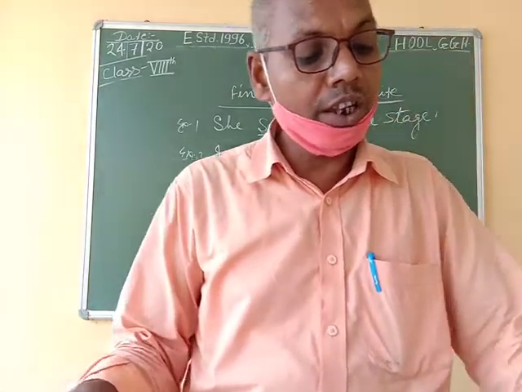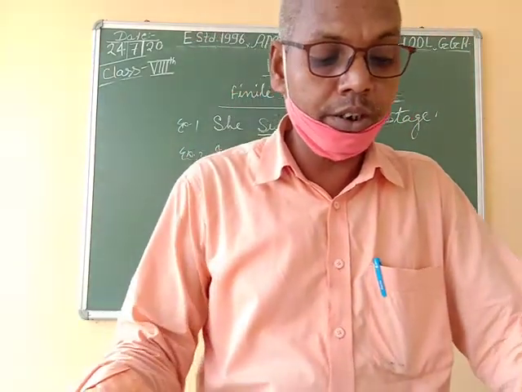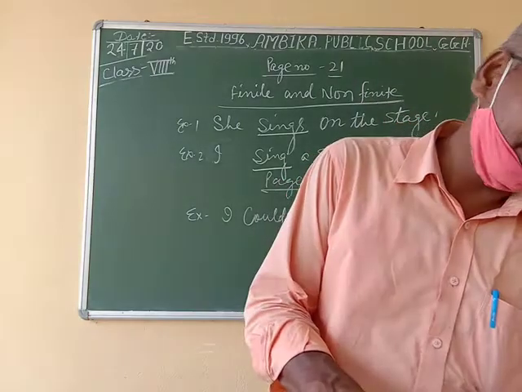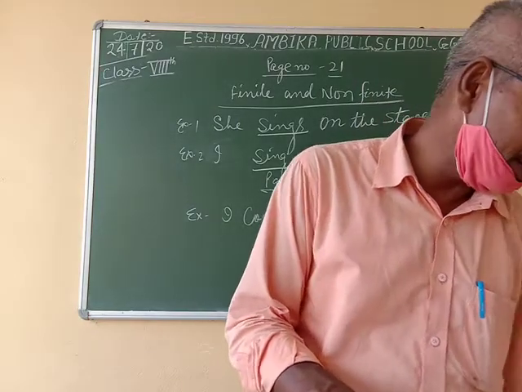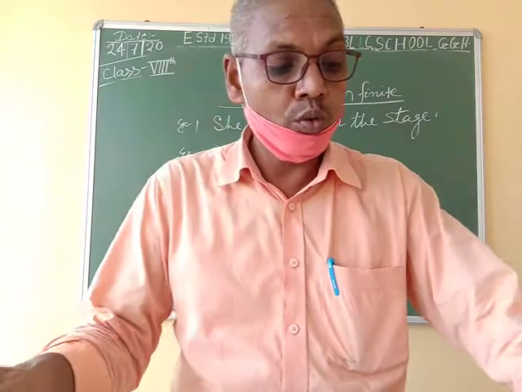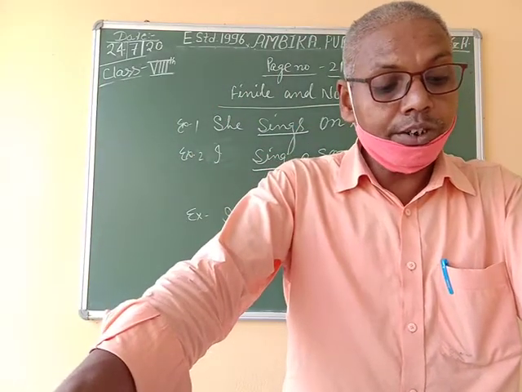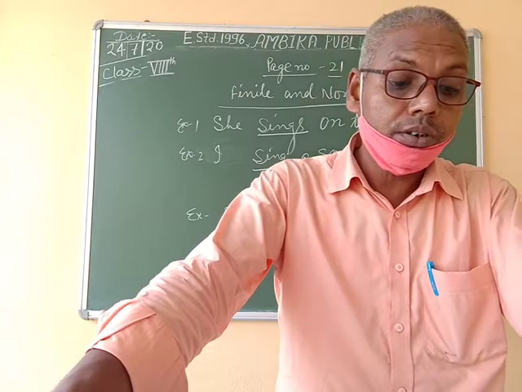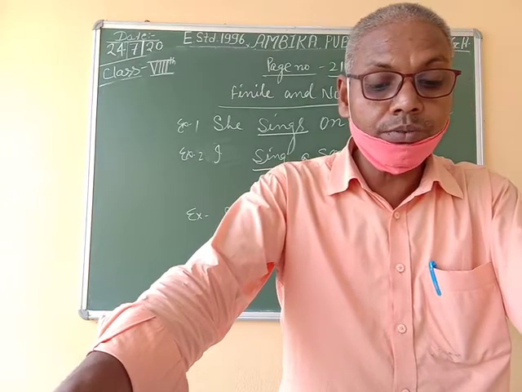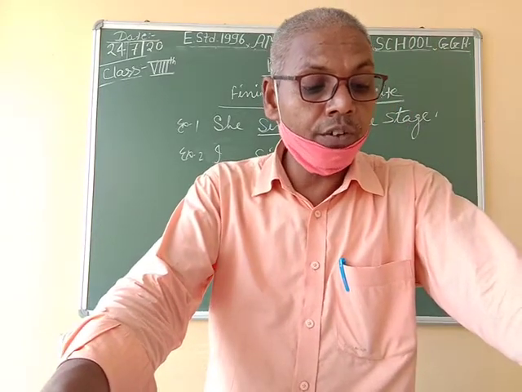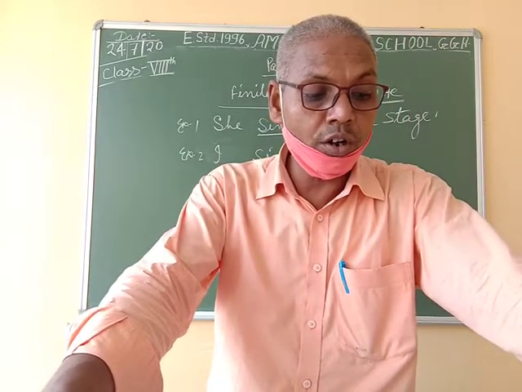Understand? Verbs can often be both transitive and intransitive depending on how they are used in a sentence. It's a fact and it's true. Now, number B, on page number 22, underline the correct verb. Write T for transitive if the verb is used with an object, and I for intransitive if it is not.